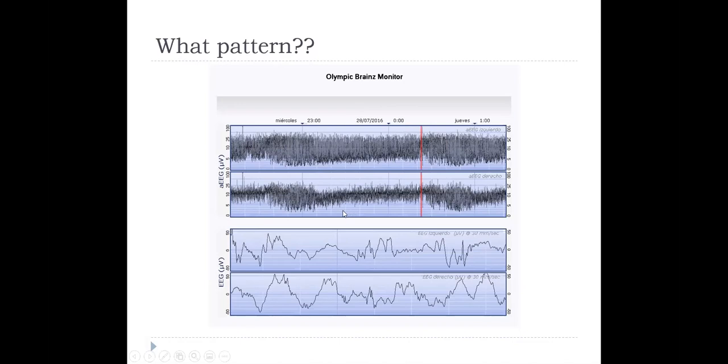Which is the side with the pathology or brain damage? We need to investigate with neuroimaging the side with the abnormal pattern.